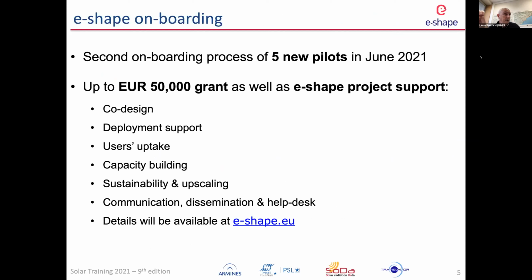So if after this presentation you have something that you would like to develop within your own environment, you may claim to be part of these 5 new onboarded pilots. And the project will provide you support for co-design, deployment, user uptake, capacity building, sustainability, communication. All the details will be available at the eshape.eu project.